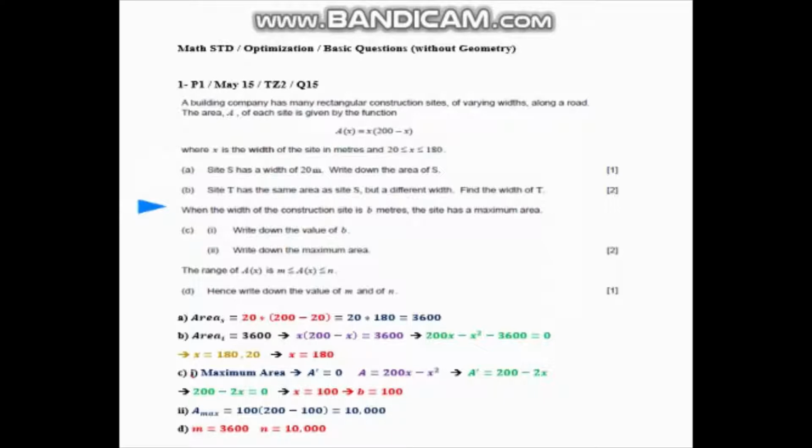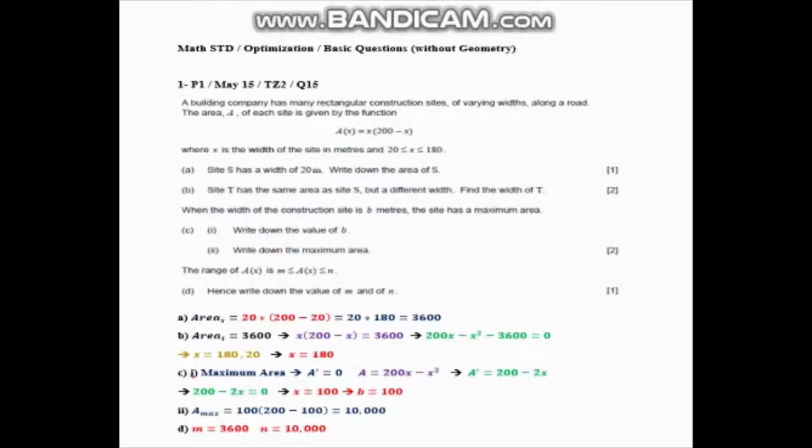So the maximum area occurs when A dash equals 0, and this is consistent with our knowledge of stationary points. The maximum value of y occurs at the point where y dash equals 0. Hence, similarly for A, the maximum area shall occur when A dash equals 0. So I just need to obtain A dash and equate it to 0.